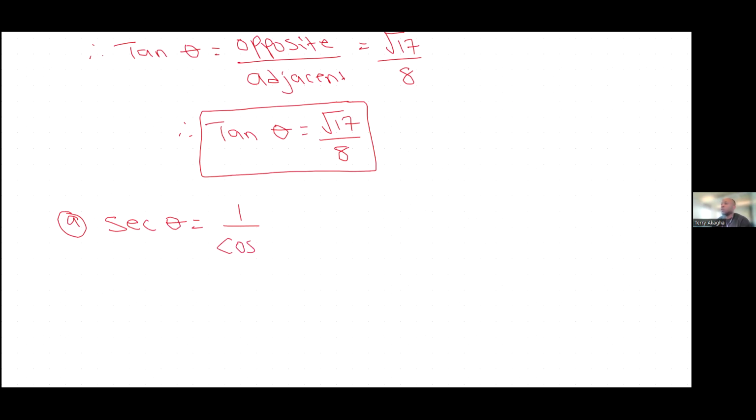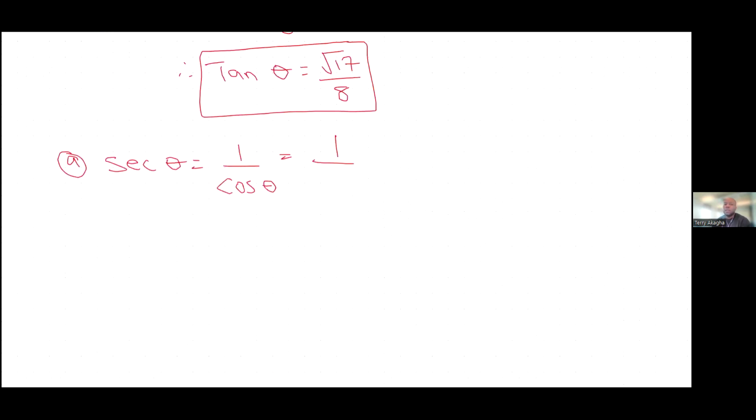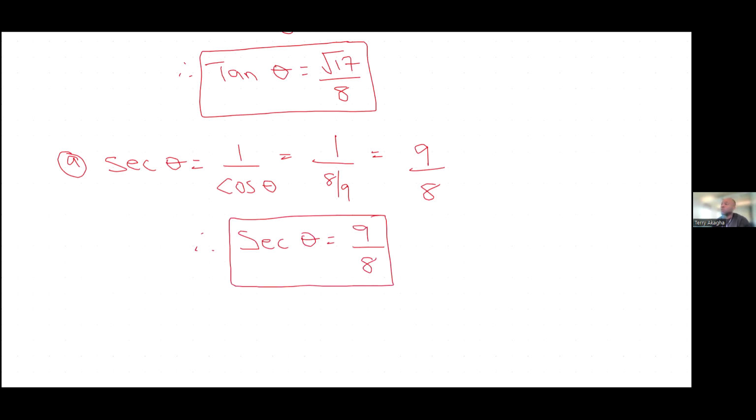We have our cos theta as 8 over 9. So it's going to be 1 divided by 8 over 9, and that will give us 9 over 8. So therefore, sec theta is equal to 9 divided by 8. Okay? Number 2.